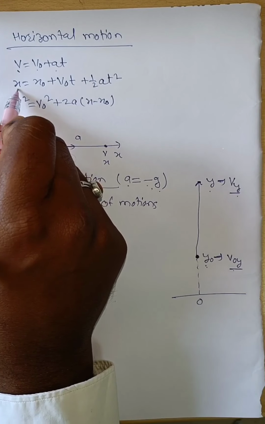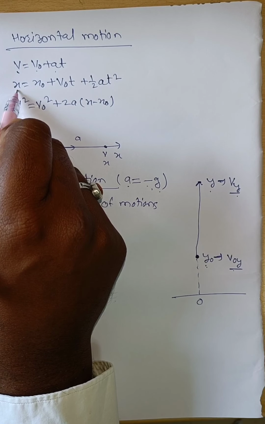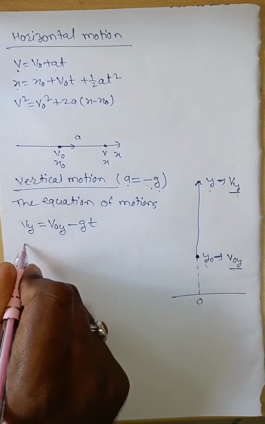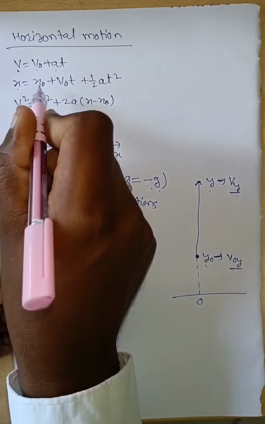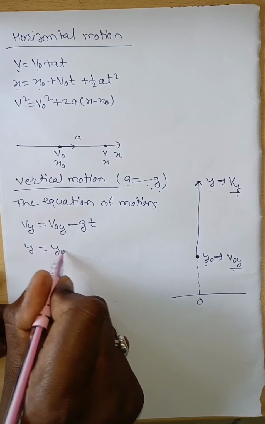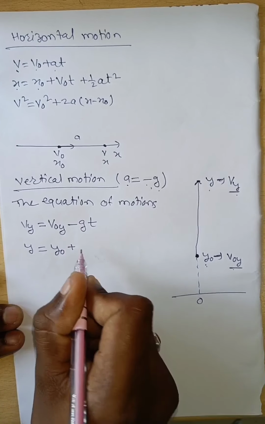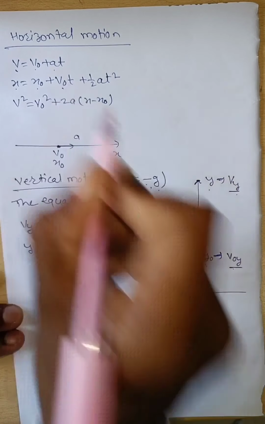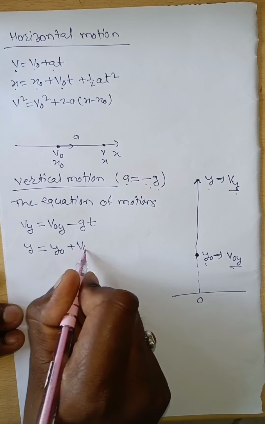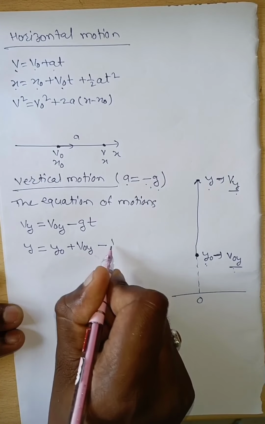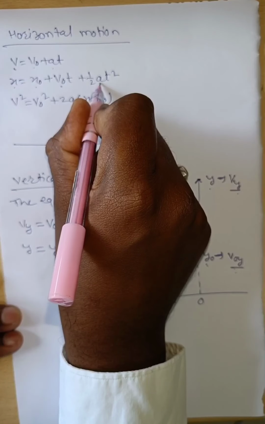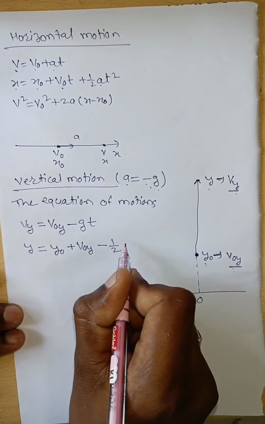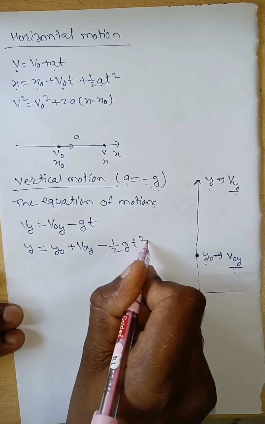Then what is the second equation? Replace x with y, and x naught with y naught. Therefore y = y naught + v naught y t, and a is replaced with minus g, so minus half g t square.